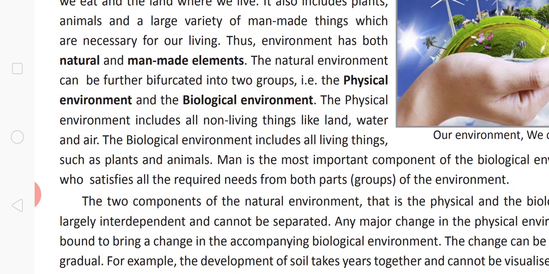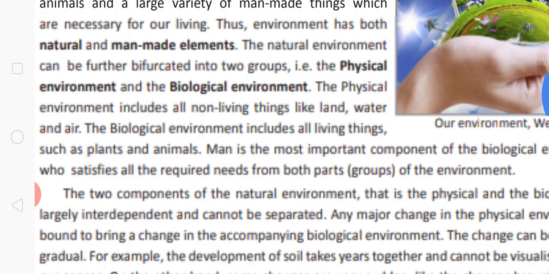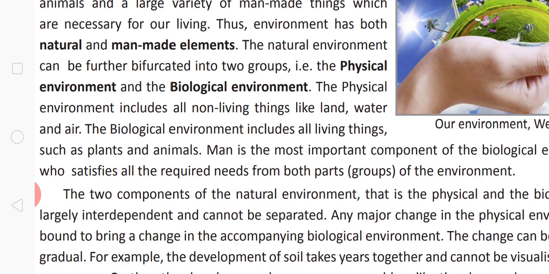So the biological environment includes all living things. So once again I am repeating, generally the natural environment is of two types, physical environment and biological environment. Physical environment means all the non-living things such as land, water and air, and biological environment includes all living things such as plants and animals.